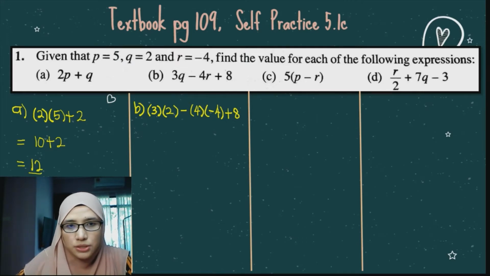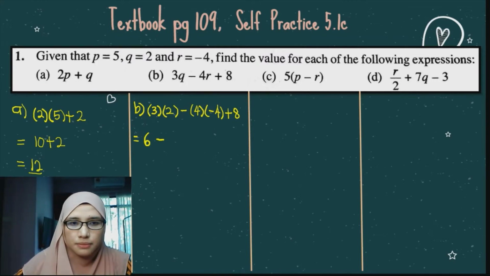We just substitute letters with the given value. So next step is calculate for each multiplication. 3 times 2 is 6. Minus here, we just copy down first. We times 4 times -4 is -16.